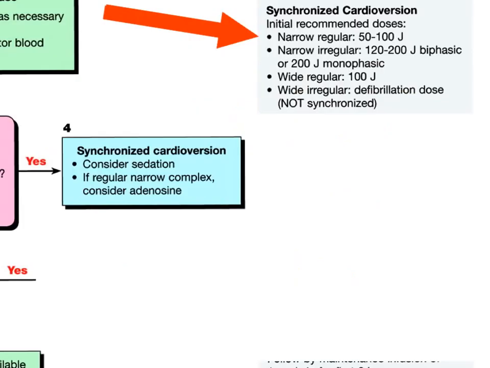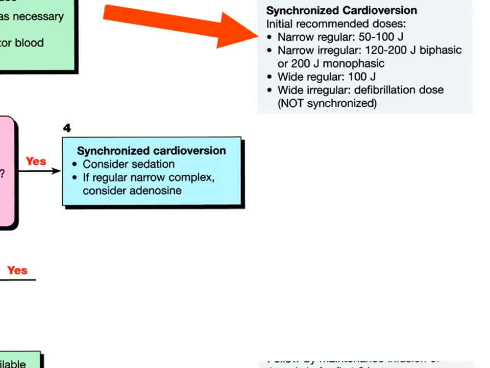So coming back for a moment to the previous screen, box 4, the blue box, talking about synchronized cardioversion or cases where you can consider adenosine. These are for, again, the unstable patients, significant symptoms, altered mental status, shock, hypotension, heart failure, clearly ischemic chest pain.